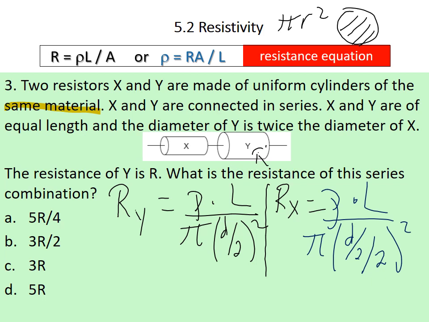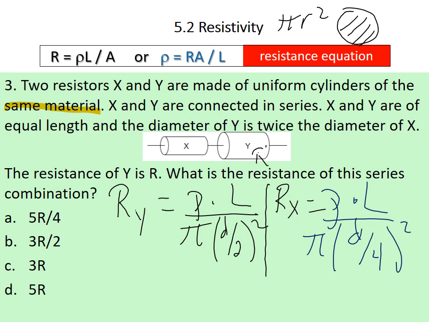I can simplify this weird looking fraction further. Diameter over 2 divided by 2 means 1/4 of the diameter. So this then just becomes diameter over 4. And this I've done to make my comparisons between R sub y and R sub x.